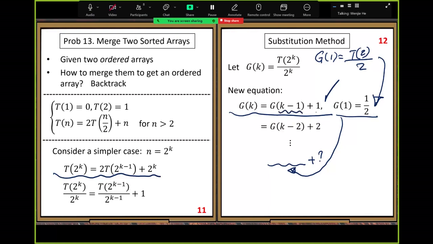K minus 1 plus 1, what's that number? K. K minus 2 plus 2, what's that number? Also k. Can we treat that k as the invariance? When you go through all the equations, every equation has this property.